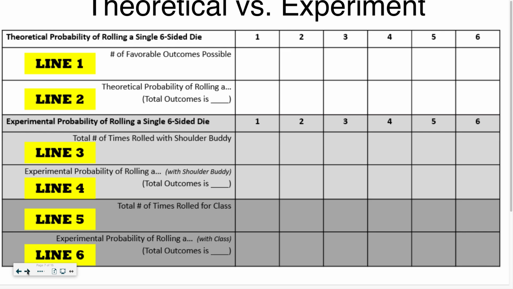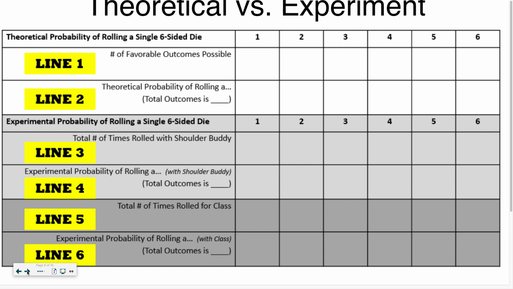Okay. Now, we're going to do this theoretical versus experimental piece, even though we did a little bit of this on our dice activity on Friday. So we're actually going to complete lines 1 and 2 together because that's theoretical. That's what should happen, so we don't need separate trials.